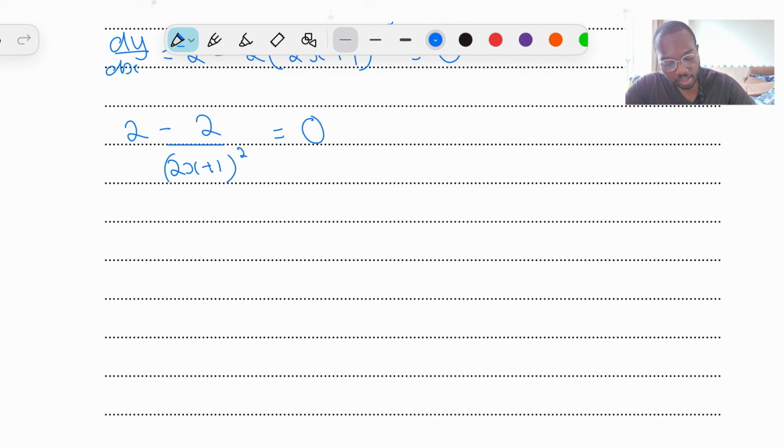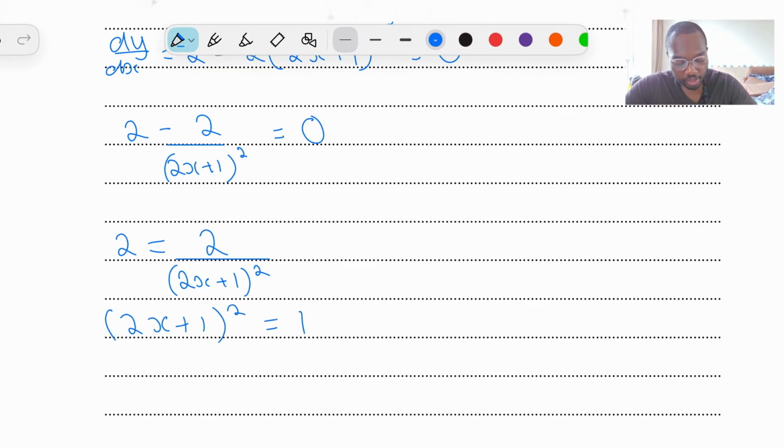If I work this out, we end up with 2 equal to 2 over (2x plus 1) squared. Therefore, (2x plus 1) squared has to equal 1. Now we square root, so we get 2x plus 1 is equal to plus or minus 1.